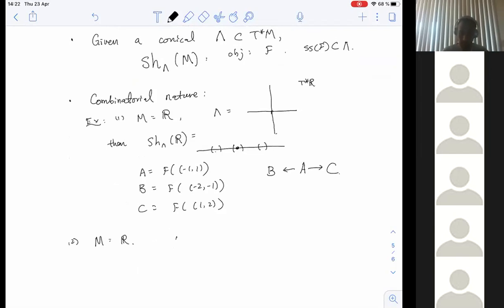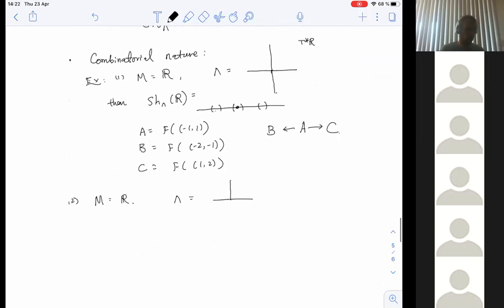And say if M is R, but lambda is just half the ray, then I can represent lambda as an arrow sitting at this point. And then you still can denote the section over here as A, and the section on the left as B, and the section to the right as C. And you have these restriction maps.